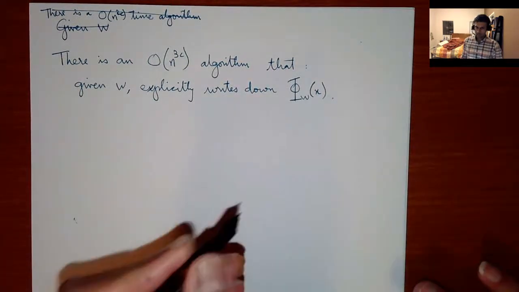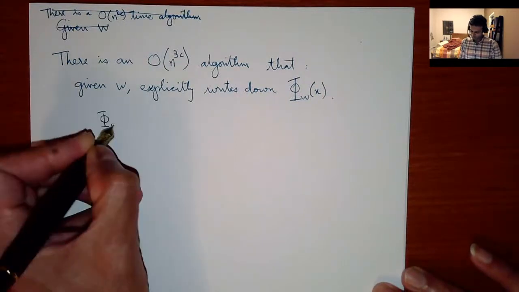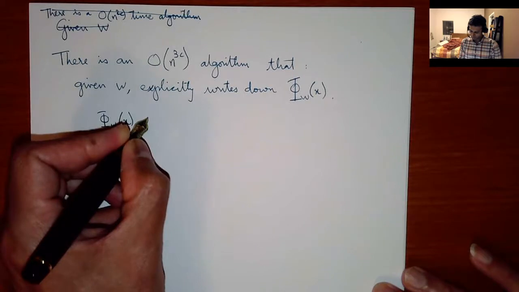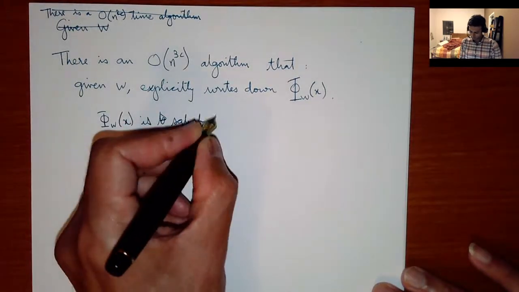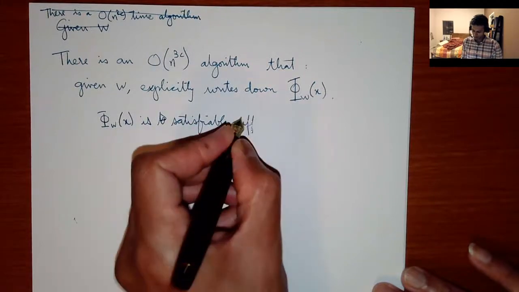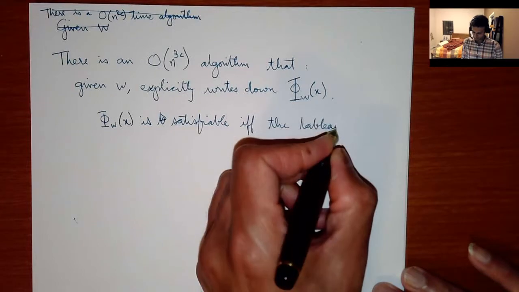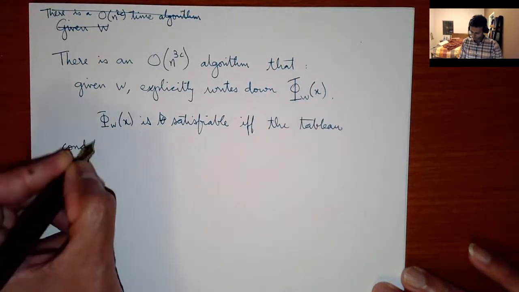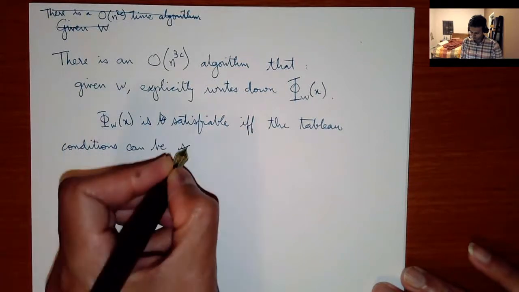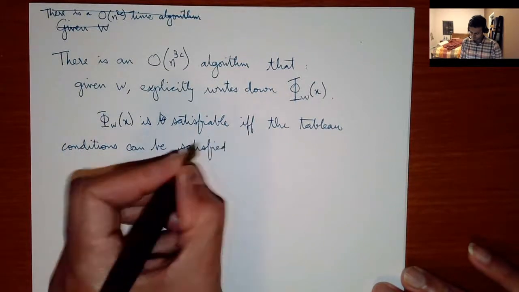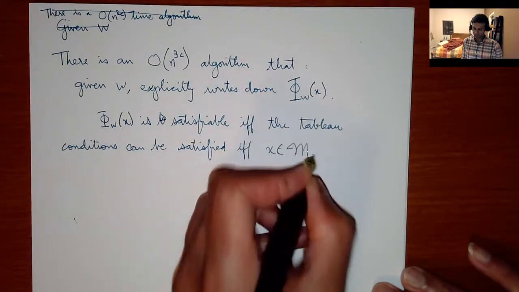Explicitly writes down phi W of x, and remember that phi W of x is satisfiable if and only if the tableau conditions can be satisfied if and only if x is in the language.